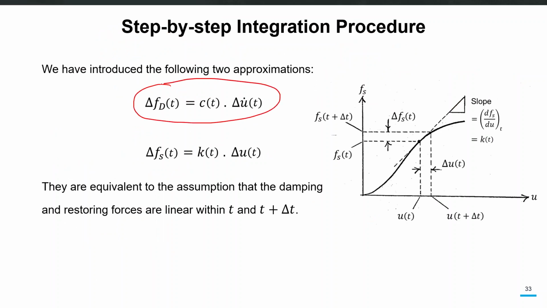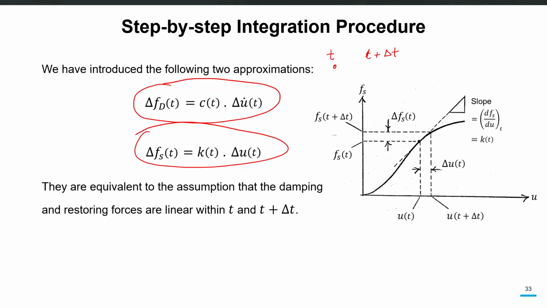This is the first approximation and this is the second approximation. These two approximations are called the piecewise linear approximation, that we have assumed that the function remains linear between the time T plus delta T and T.